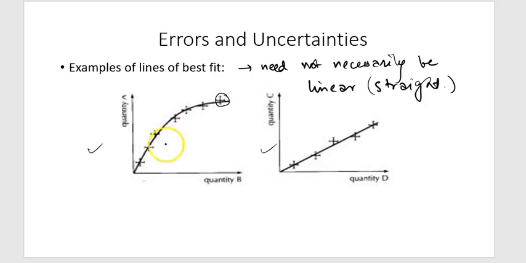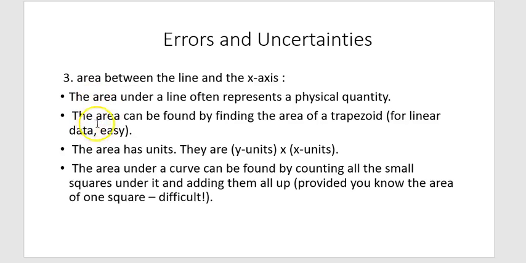Whichever is the bigger error bar, you draw your line of best fit in correspondence with that, and you ensure that the line of best fit passes through all the error bars of that bigger error bar set. Okay, so now before we move on to another discussion, this is a very important thing.